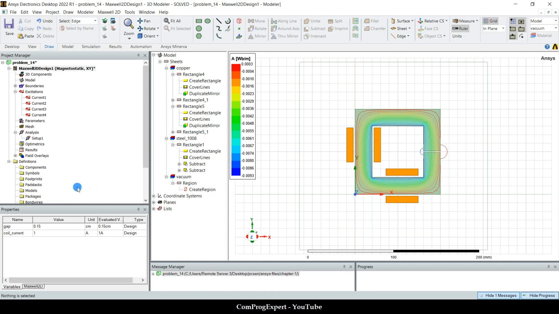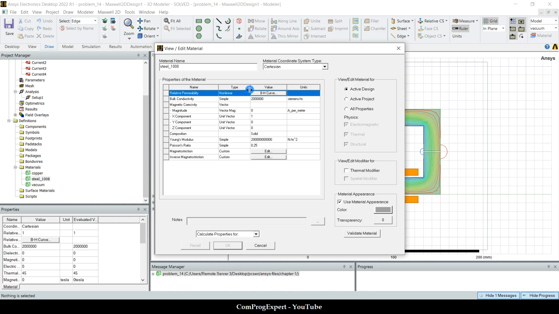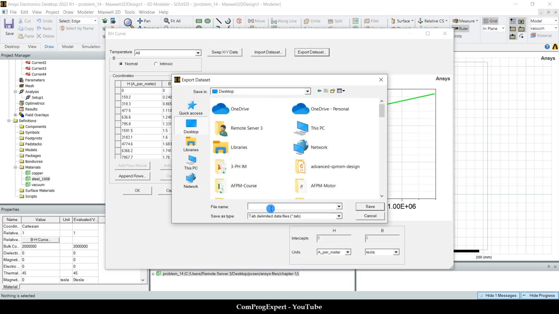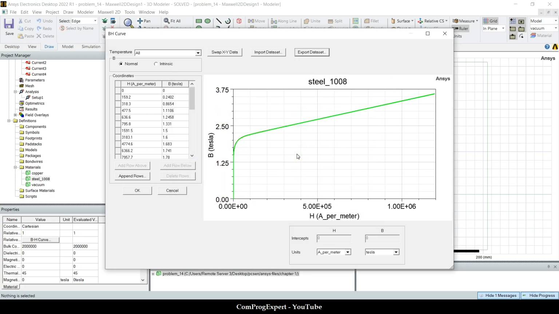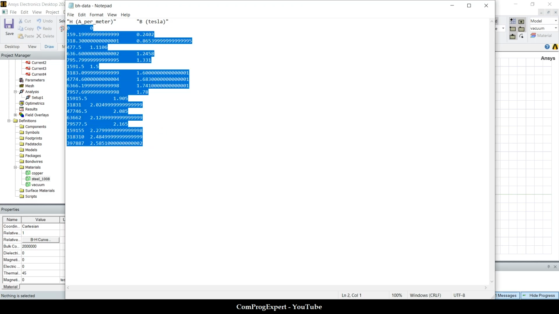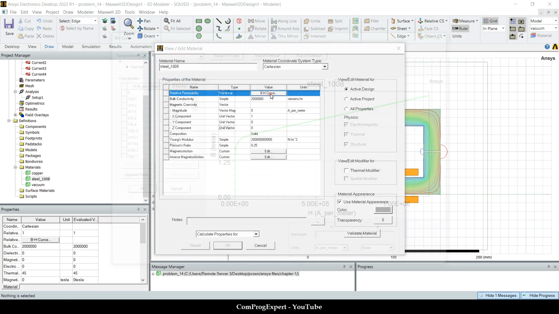So let's export the HB curve of the material to desktop, tab format, BH data, overwrite it. This is the BH data. Yes.